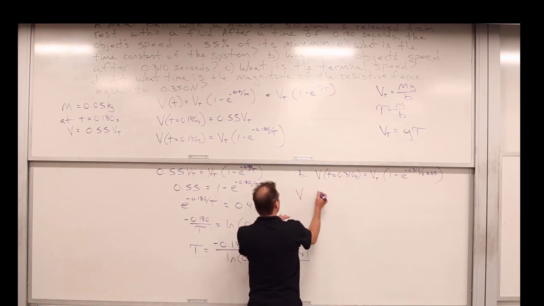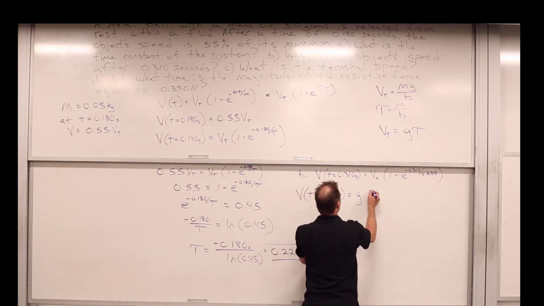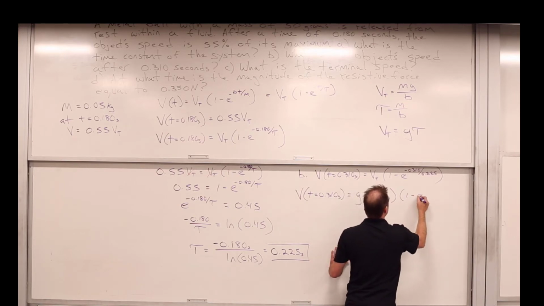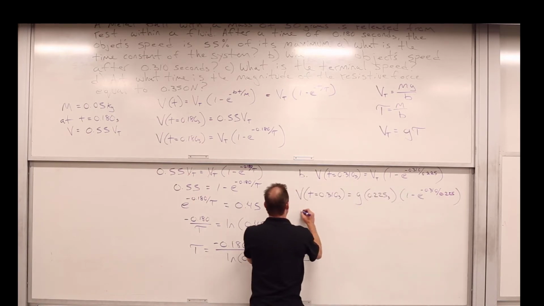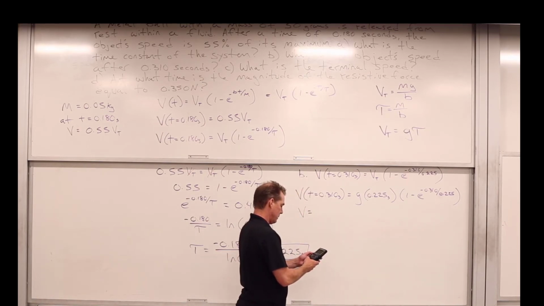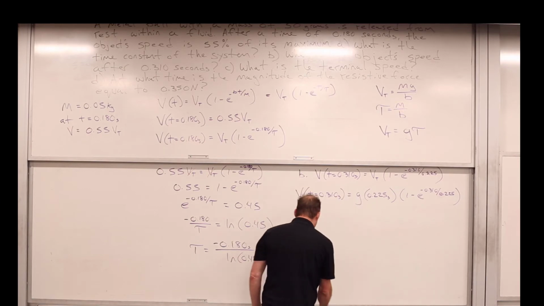So v at 0.310 seconds is g multiplied by 0.225 seconds multiplied by 1 minus e to the negative 0.310 divided by 0.225. This gives us 1.65 meters per second.